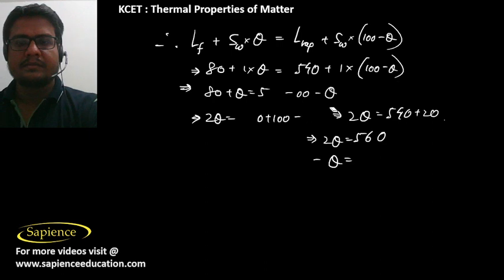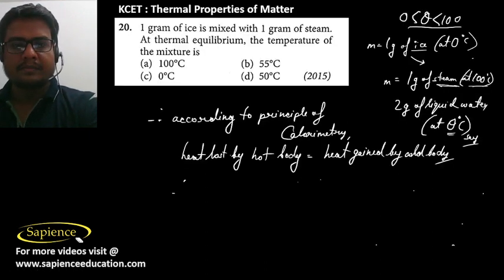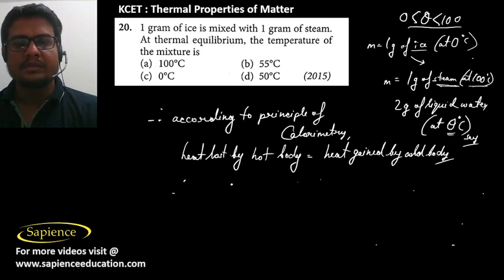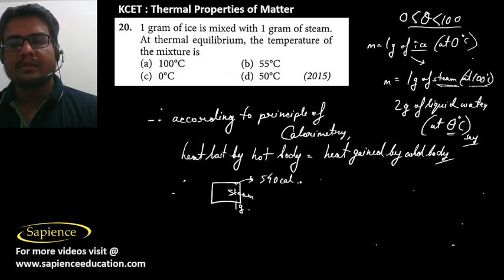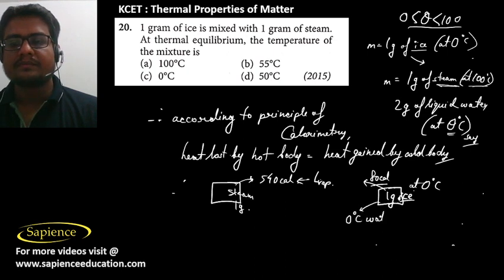So here actually first we have the steam, 1 gram, which contains a latent heat of vaporization of 540 calorie. Now ice, which is 1 gram at 0 degree Celsius, needs 80 calorie to convert to 0 degree Celsius water. So therefore, it takes that away from the steam.